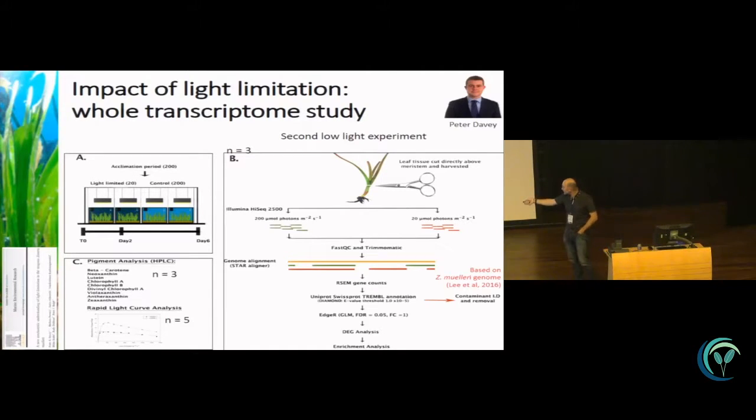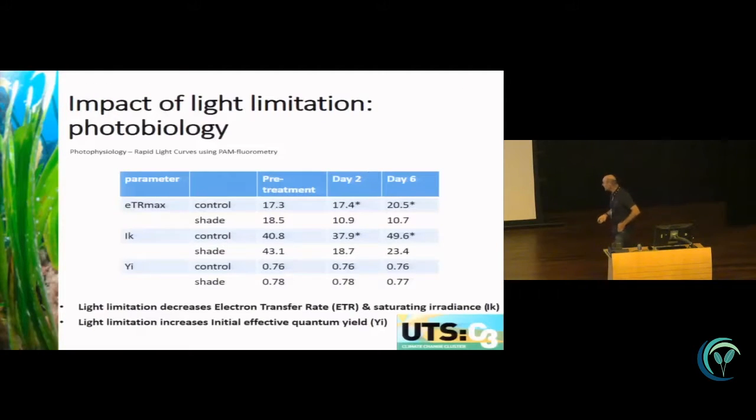We measured a whole bunch of fluorometry. We understand how the biochemistry of the plant's going. Then Peter took transcripts of only the leaves, broke it into 2 groups, ran the bioinformatics, used Seagrass DB to inform his selection of where the transcripts went.